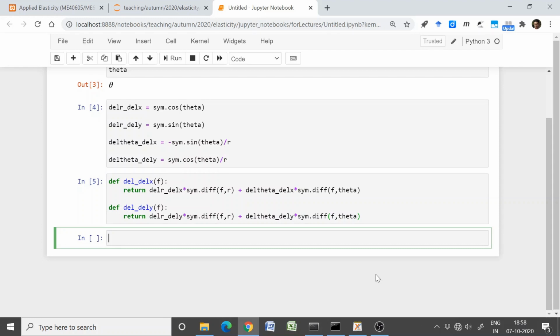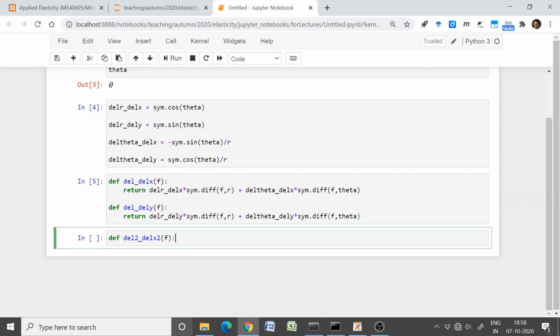But we no longer have to do that, because once we have already defined our del x operator, all that you have to do to find out the second order derivative is to make the operator operate on itself. So just like we had defined this del x operator, we can define the second order derivative like this. We can call this del 2 del x2.